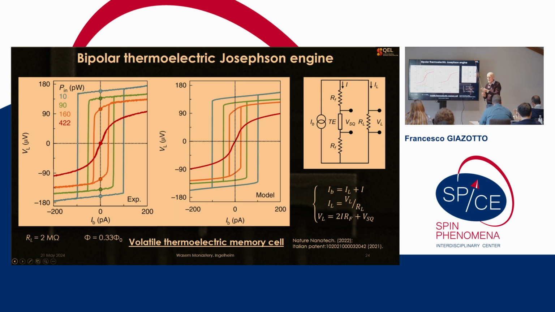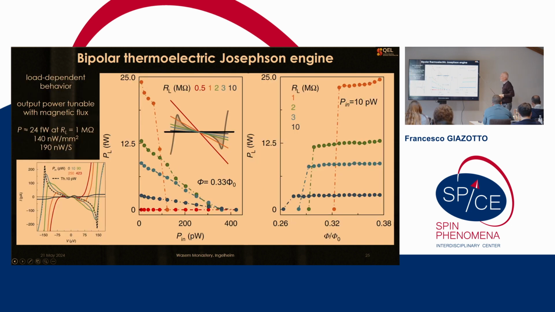So thanks to the current pulses that we give, we can use this as a memory cell, making the system swap between this state here and this state here. And if you estimate the speed of this junction, it's pretty high because it's just the RC time of the junction. Okay, so it can be several tens of gigahertz. So this could be the first prototype of a thermoelectric memory cell.